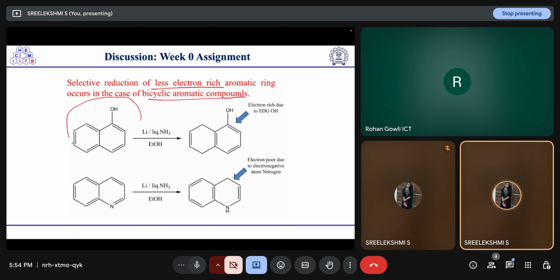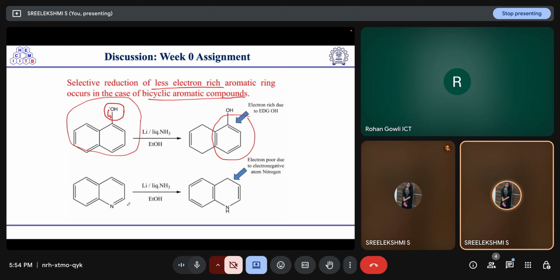So if we see here, in these two rings, this particular ring has this hydroxyl group. Due to the electron donating effect of the oxygen or OH group, this ring will be more electron rich as compared to this ring. So the first ring will get reduced and the second ring will remain intact.